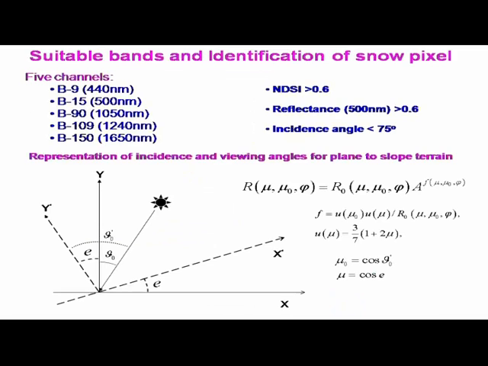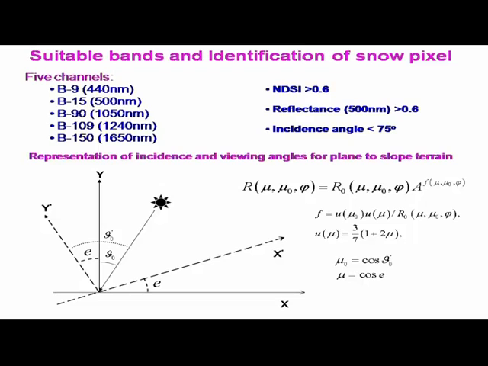Here we have increased the NDSI threshold value from 0.4 to 0.6, and the reflectance condition is more than 0.6 in the green band, and the incidence angle should be less than 75 degrees. Based on this criteria, we have selected only 5 channels for further processing, because with hyperspectral data there is the problem of processing huge voluminous data.